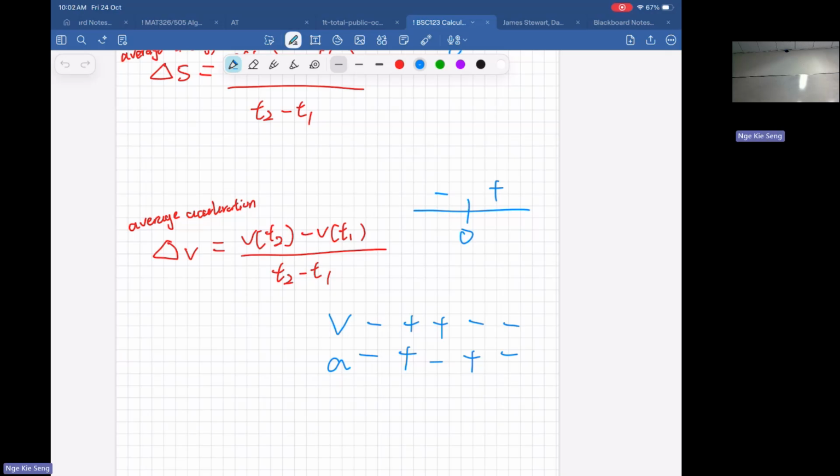So when does your particle neither speed up nor slow down? When?